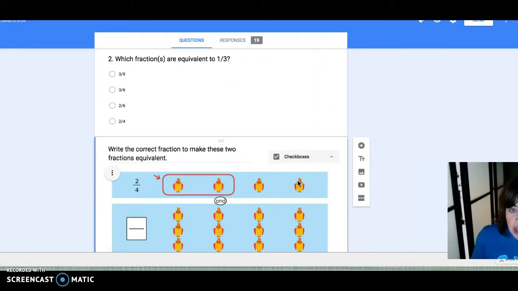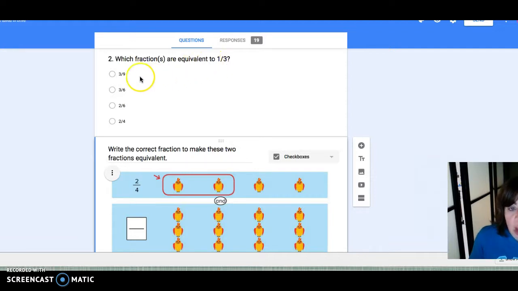Number 2, which fractions are equivalent to 1/3? In this case, we have 2 possible answers. 3/9 is equivalent to 1/3, and 2/6 is equivalent to 1/3. If we think of our example earlier with the circles, if you draw circles that are the exact same size and you divide them into 9 equal pieces, or 6 equal pieces, or 3 equal pieces, you'll see that the same space is being shaded.